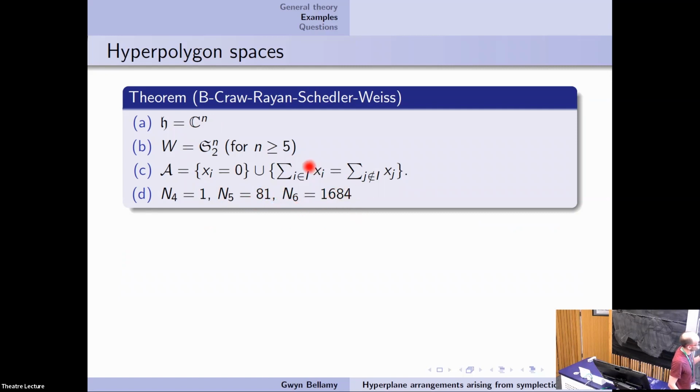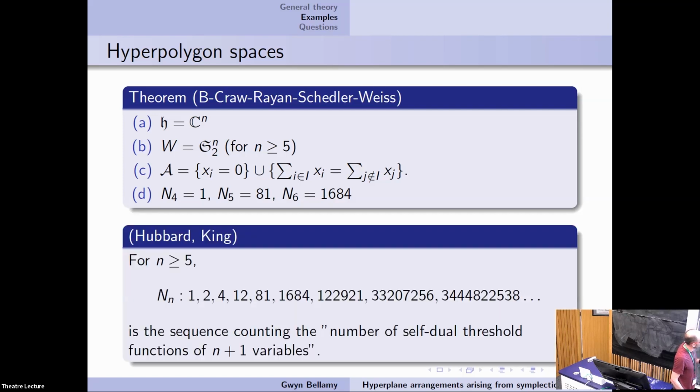I asked the computer, and eventually it told me you get that many for n equals 6. But this is very recent, I've just been told this. Hubbard, who's a student of Craw, somehow managed to compute n equal to 7. I have no idea how he managed to do it, but he got this big number out.